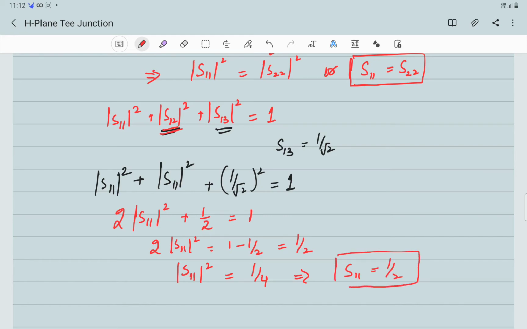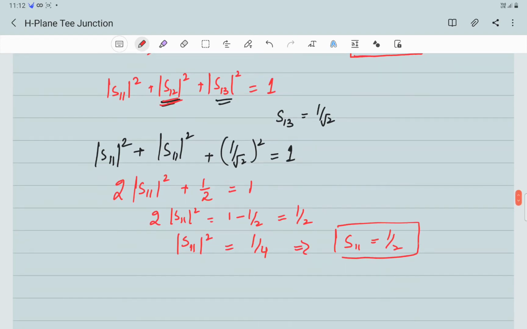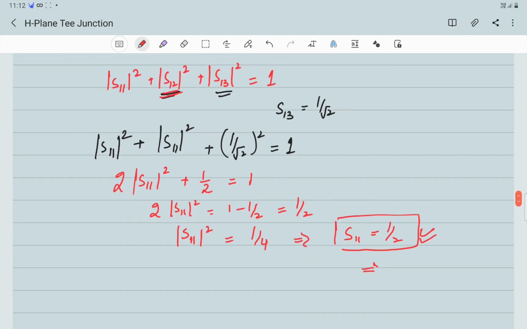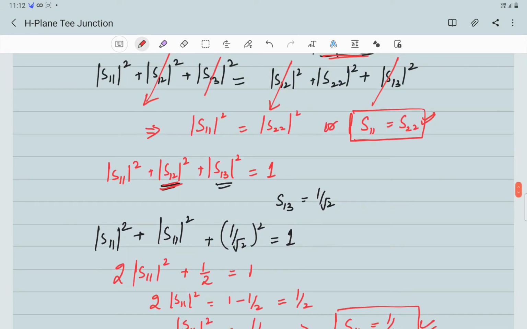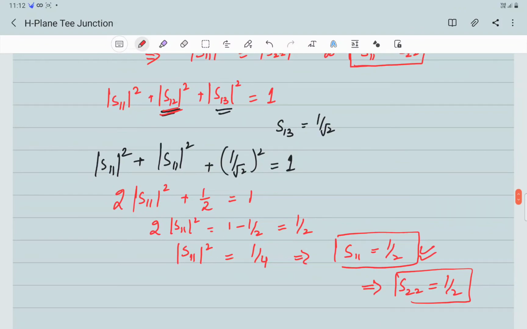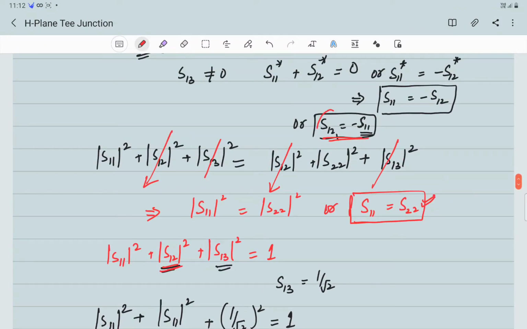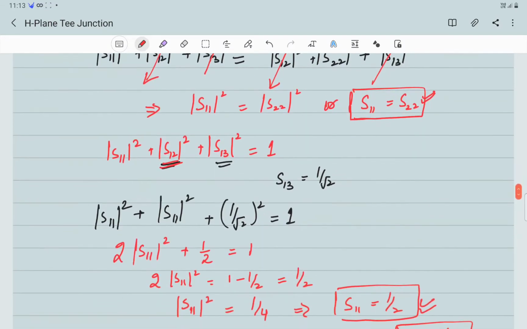So if S11 is 1 upon 2, that means S22 is also 1 upon 2, from this equation, S11 is same as S22. And also we have seen from above that S12 is minus times S11.